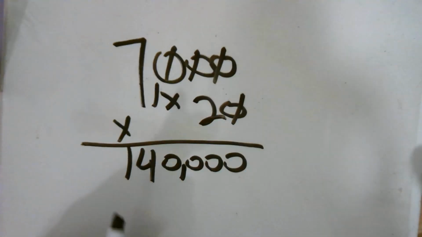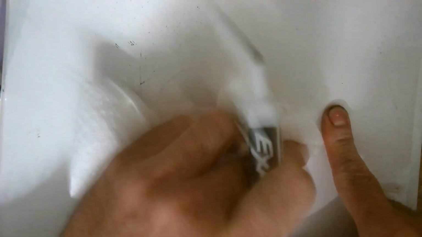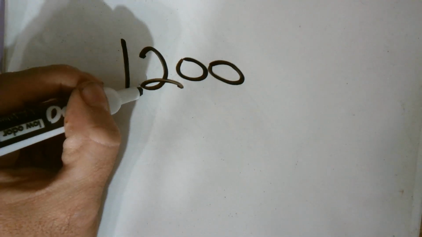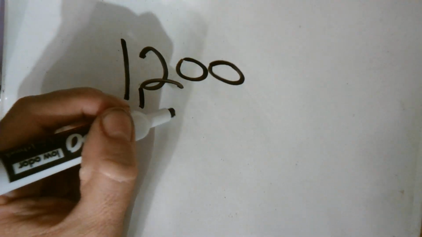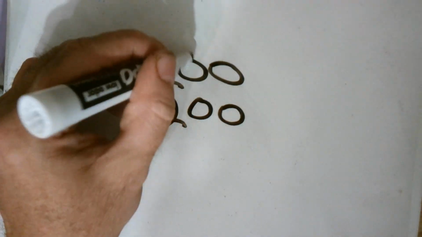Knowing that multiplication is going to be the most difficult thing, but I mean, it's not as hard as it would appear. So even if I have the number 1,200 times 200, I take out the zeros.